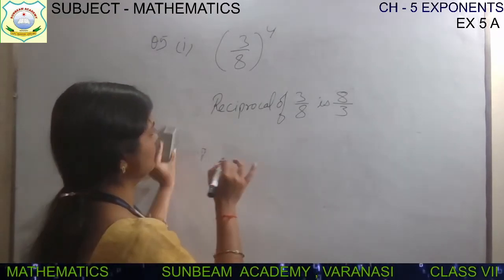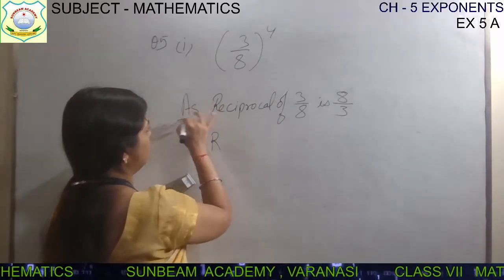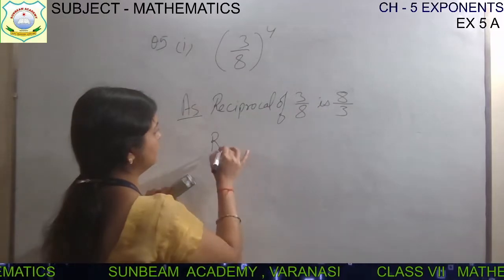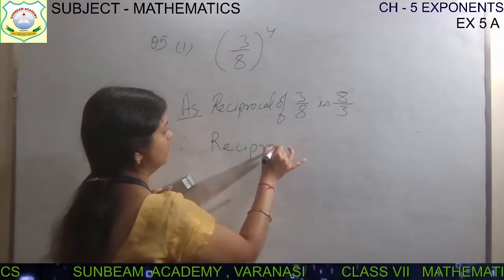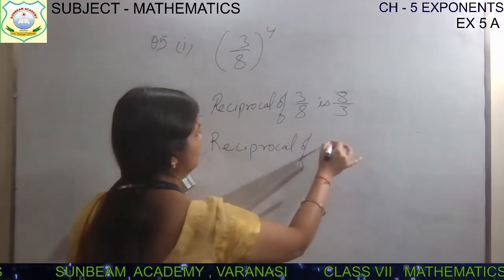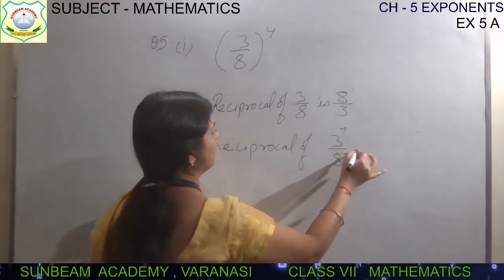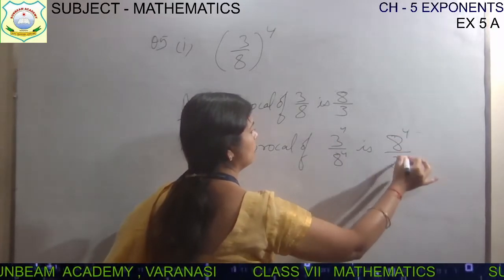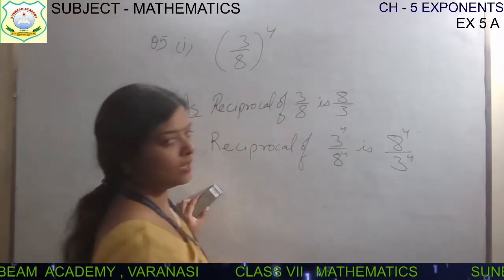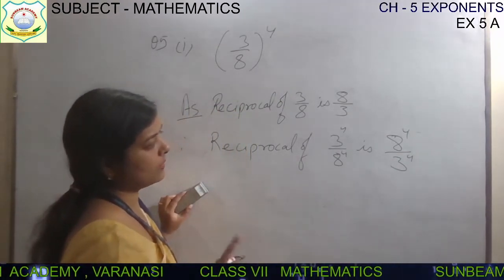Write down this one, reciprocal: write here, beta, as the reciprocal of 3 by 8 is 8 by 3. Therefore the reciprocal of 3 by 8 to the power 4 is 8 by 3, but along with its power, 8 by 3 to the power 4.